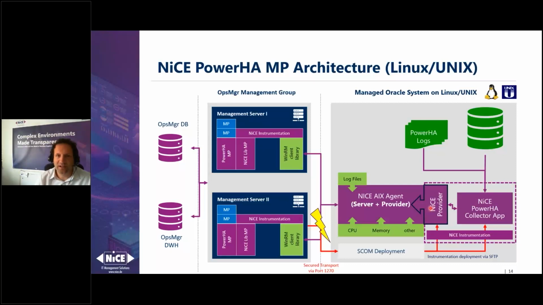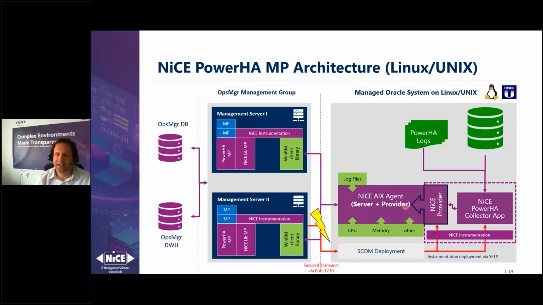That is the CLMP, the cluster management pack provider, which ingests the data into the AIX agent. Why cluster management pack? It is one instrumentation for various cluster solutions. It does not only support PowerHA, but also Veritas VCS, Veritas cluster servers.